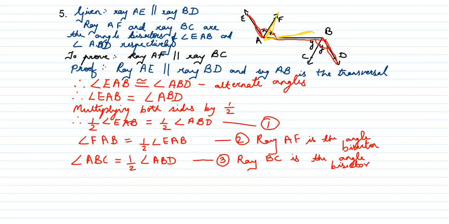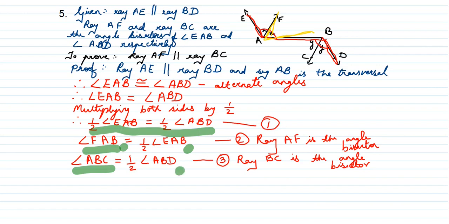Now if you see over here, we get half angle EAB is equal to half angle ABD. But again, what is half angle EAB? It is angle FAB, and half angle ABD is angle ABC. So from this 1, 2 and 3, what can we conclude? In place of half angle EAB, we can write this angle FAB in 1. Similarly, in place of half angle ABD, we write angle ABC.